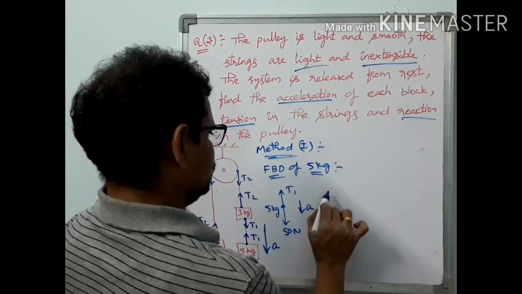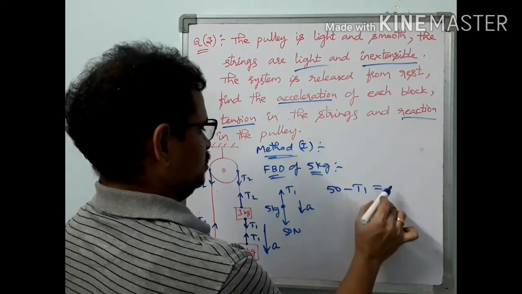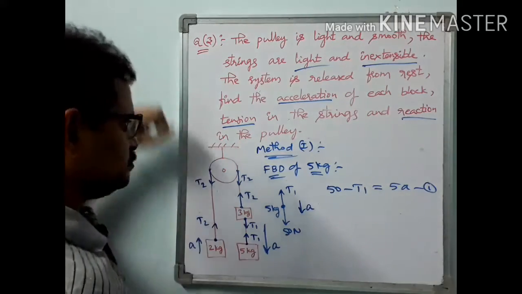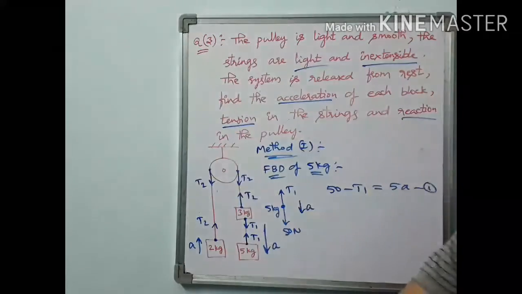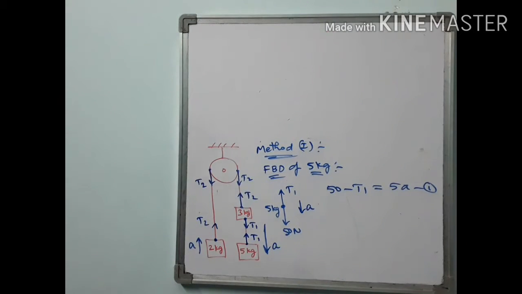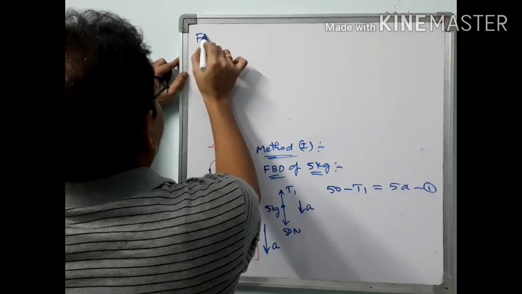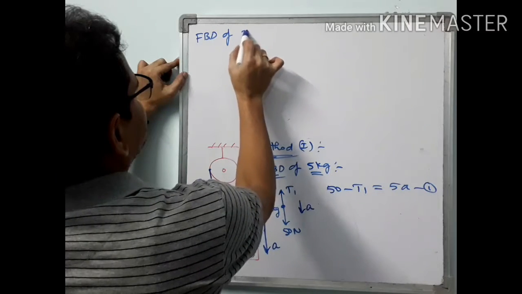Let us make the equation. So downward force 50 minus T1 equal to 5A. We got one equation, got it? Now FBD of 3 kg mass.